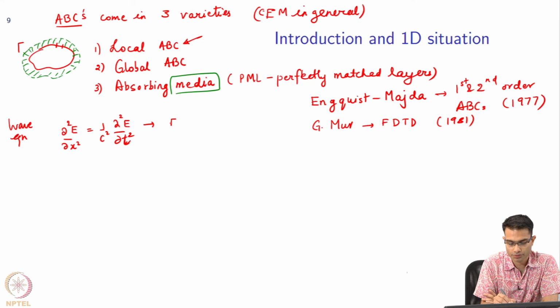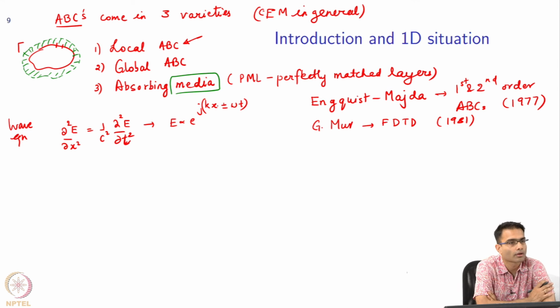And we know that the solutions to this are of the form e to the j(kx ± omega t). Yeah, we all know this is just revision.